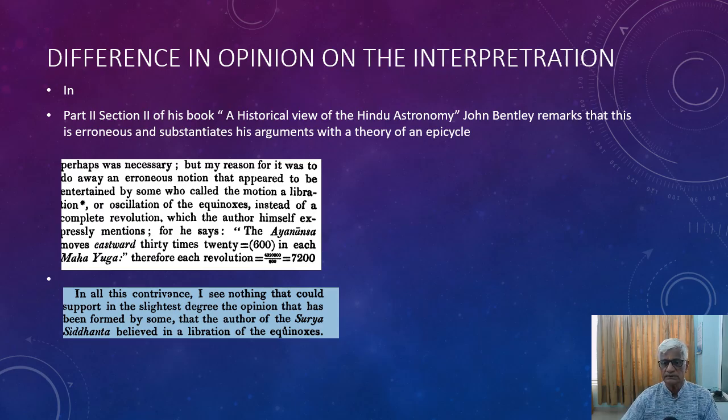To substantiate his point, what John Bentley suggests is that the ancient Hindu astronomers actually followed a theory of an epicycle for the equinoxes.